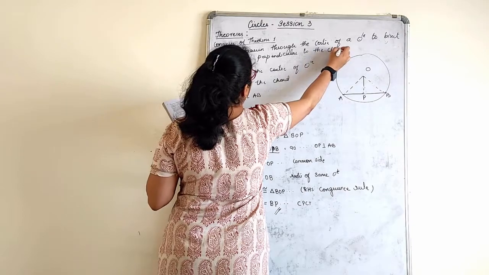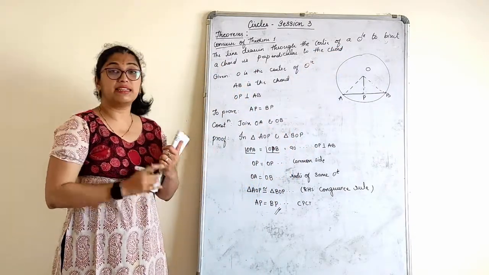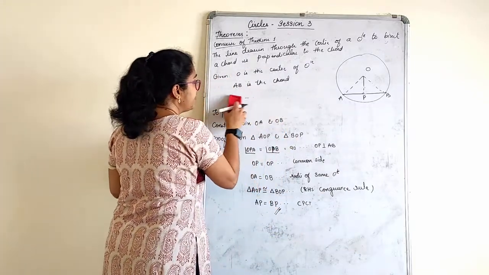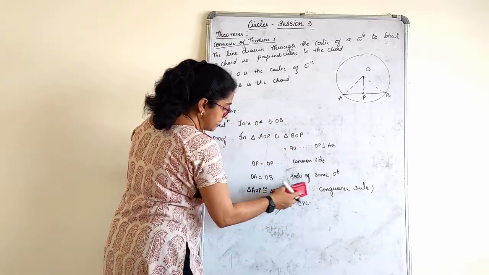That means if you draw any line from center to the chord, that line will bisect. That means that line is perpendicular, what we have to prove here. Okay, so just we will reverse this part. This part will not come. Rest everything will remain the same thing.